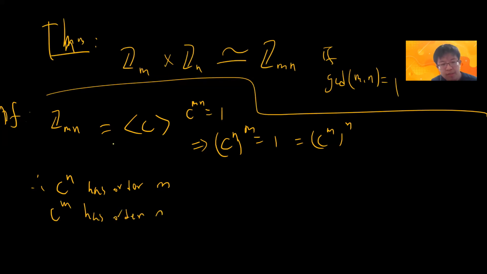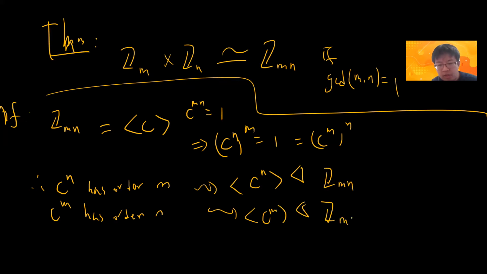Okay, so by using the previous theorem, I know that <c^n> and <c^m> are normal subgroups of Zmn since they are abelian, right? So they must be normal, and their orders are m and n. Okay, and <c^n> is cyclic, right? And their intersection is the identity, right? Because their greatest common divisor is 1.